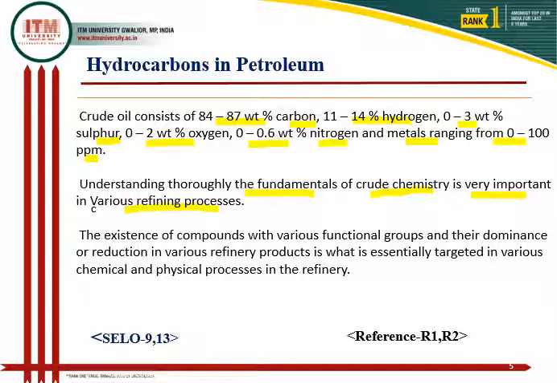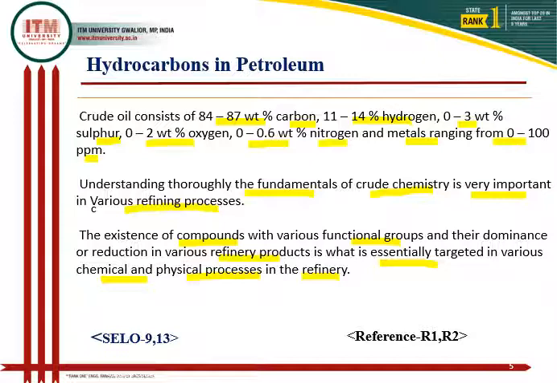The learning outcome of this lecture is the existence of compounds with various functional groups and their dominance or reduction in the various refinery products, which is essentially targeted in the various chemical and physical processes in the refinery.